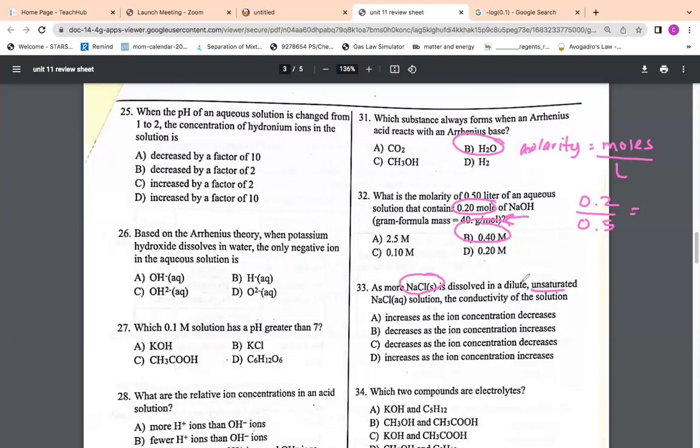So if we dissolve more, obviously the concentration of ions is going to go up. So it's not B and it's not C. The conductivity is also going to go up if you have more ions. If you have more ions, there is more mobile charge to conduct the electricity. So we're going to want to go with choice D. We increase the ion concentration, you also increase the conductivity.